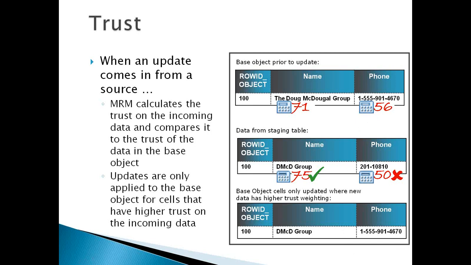If there is no trust and you are sending any update, it will get promoted into the master record, because MDM thinks this is the latest update, and if it is an update, it should be correct data. Only if the trust is there will it calculate the trust, otherwise it doesn't.